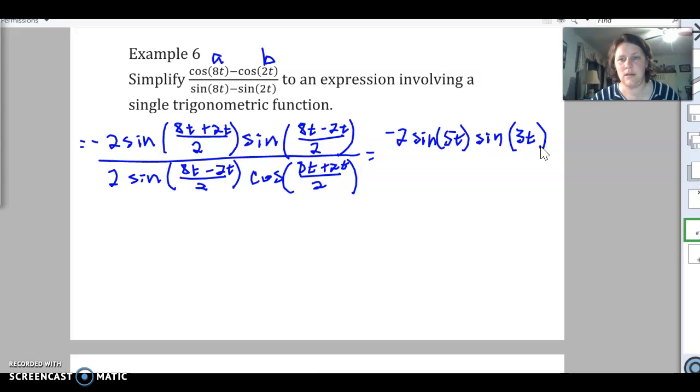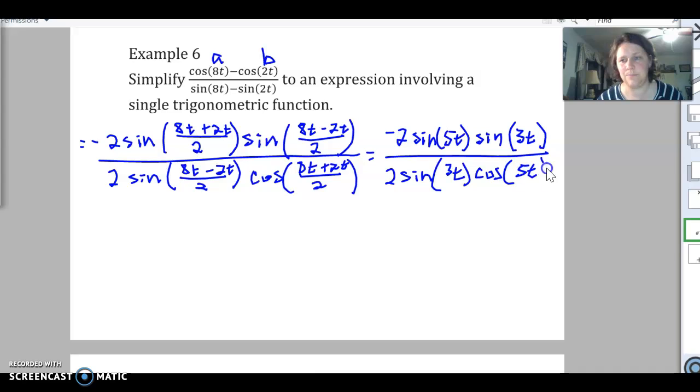And then all over 2 sine of 3t cosine of 5t. Okay, so we have a sine 3t down here and a sine 3t up here.